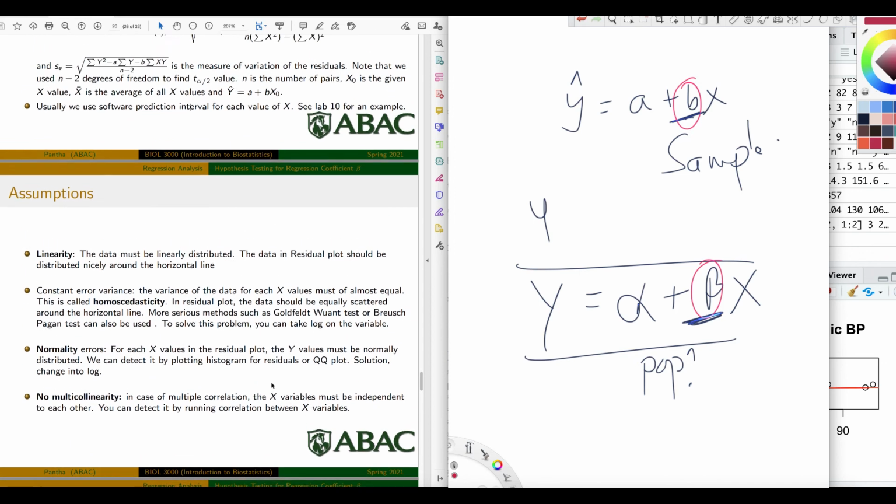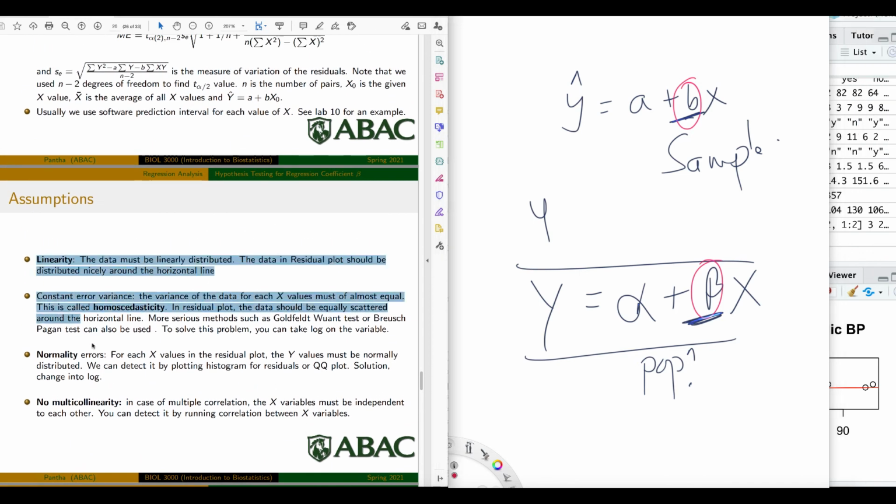Basically, the residual plot covers two of these assumptions. Normality I will show you how to do, also for the residuals, and no multicollinearity in case of multiple regression we will discuss later, where we test whether there is a correlation between the independent variables.